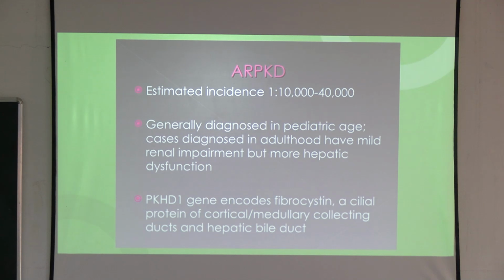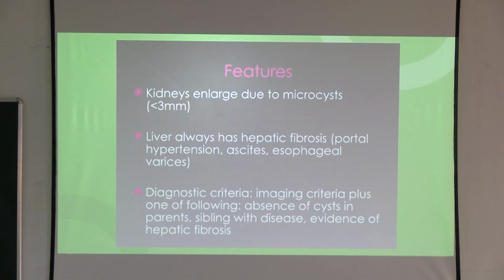In ARPKD, autosomal recessive polycystic kidney disease, kidney is enlarged due to microcysts. What are the microcysts? The cysts less than 3 mm. Liver always has hepatic fibrosis, portal hypertension, ascites and esophageal varices. So more dreadful outcome is in autosomal recessive polycystic kidney disease.